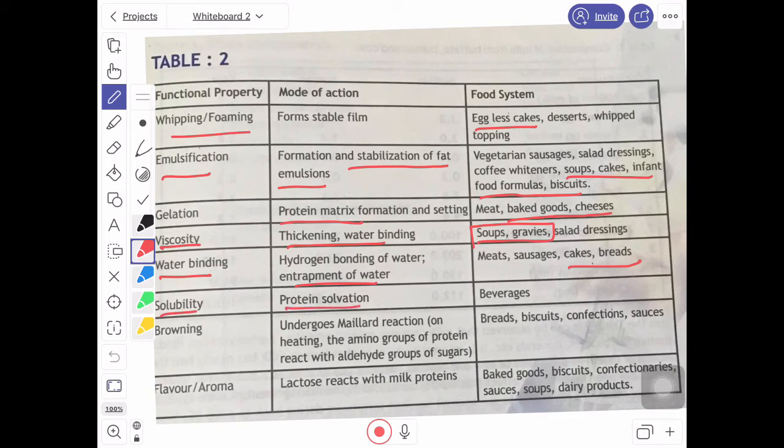Solubility, protein solvation, proper solubility of proteins in the water, they are used in beverages. Browning, this is on heating the amino groups of protein react with aldehyde groups of sugars. It's also known as Maillard reaction. Again used for biscuits for flavor and aroma.